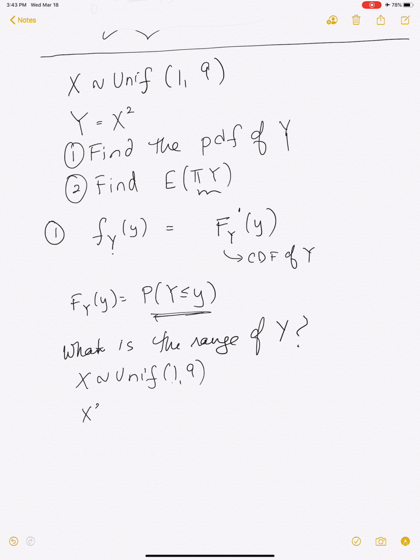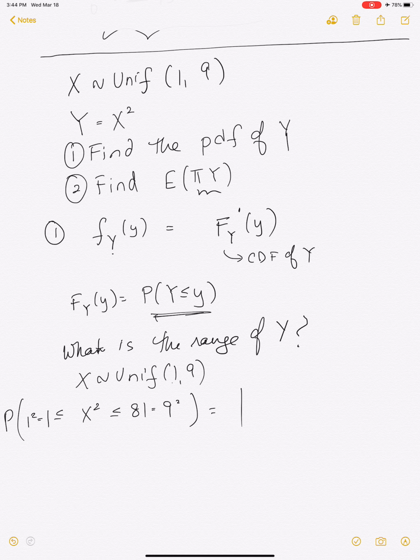So what do you have for X squared? You firstly don't jump and say X squared is uniform 1 to 81. You can't say that. But what you can say is X squared is going to be between 1 squared and 9 squared. So with probability 1, X squared is between 1 squared and 9 squared.